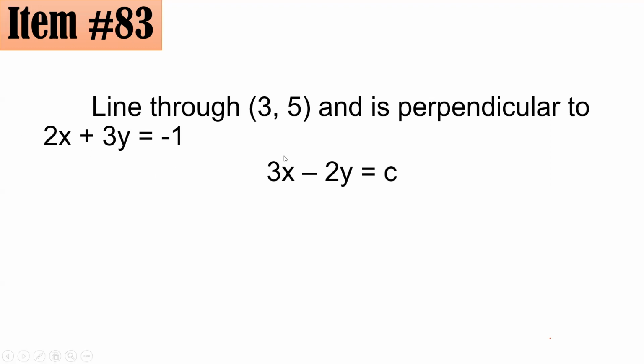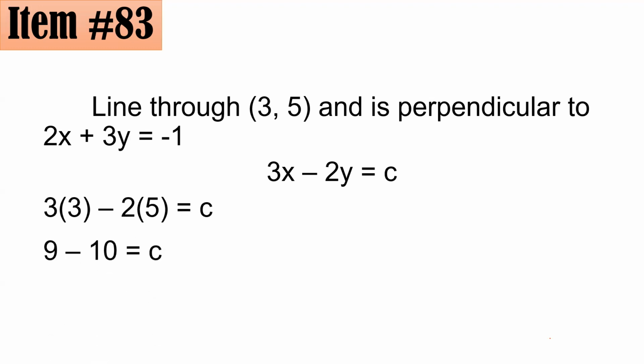So, after na nagawa mo na ito, i-substitute mo na po yung 3, 5. So 3 is the value of x and 5 is the value of y. With such, that would be 3 times 3 minus 2 times 5 equals c. That simplifies to 9 minus 10 equals c, or negative 1 equals c.